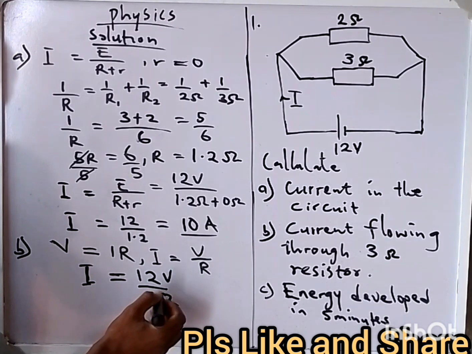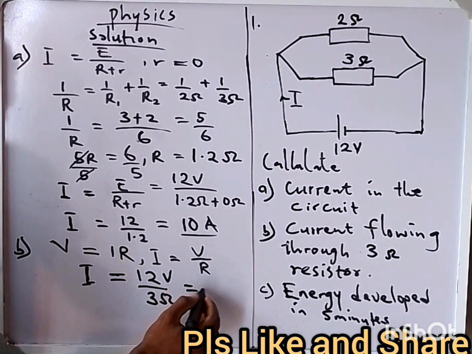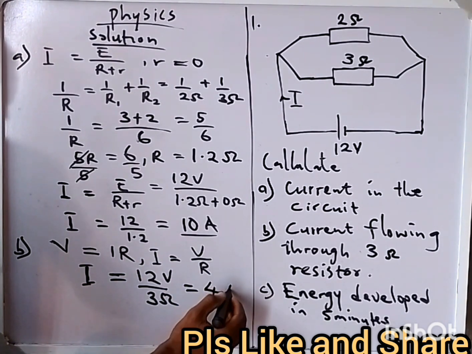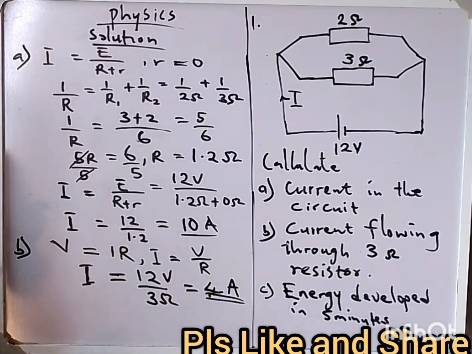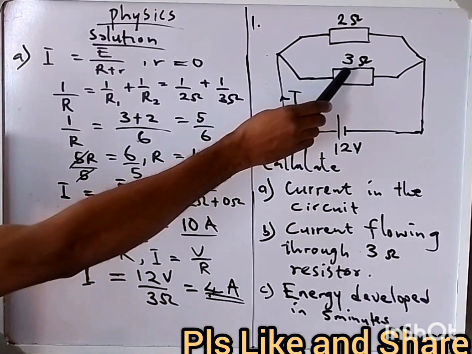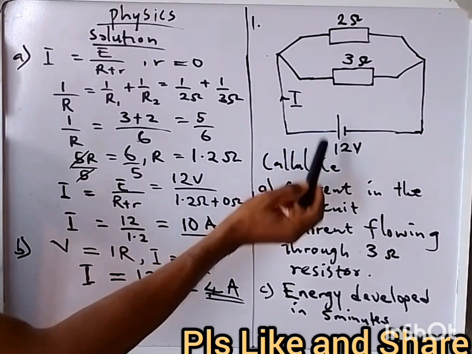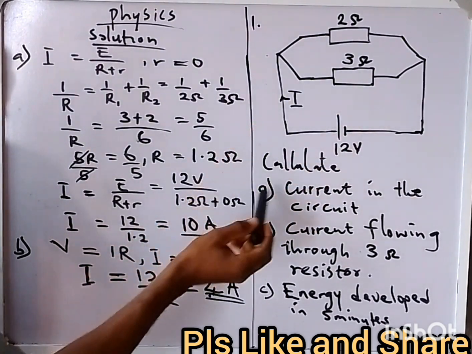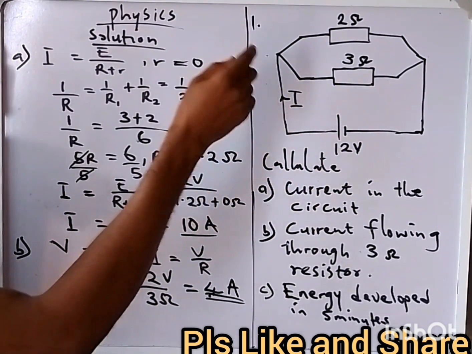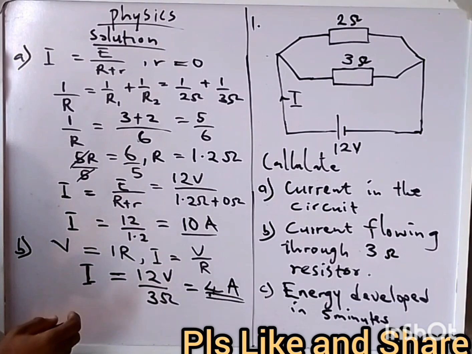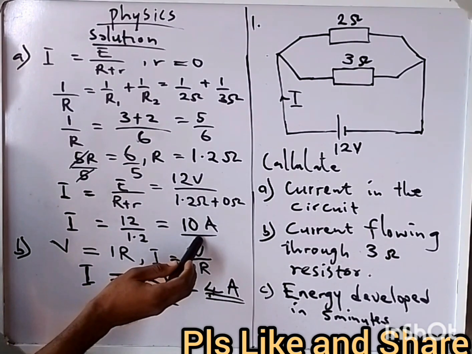So you discover that 3 goes into 12 four times, which is 4 ampere. So it means that the current that goes through the 3 ohm resistor is 4 ampere, whereas the current in this circuit diagram, this particular current here, is equal to 10 ampere. You can see it here, 10 ampere.